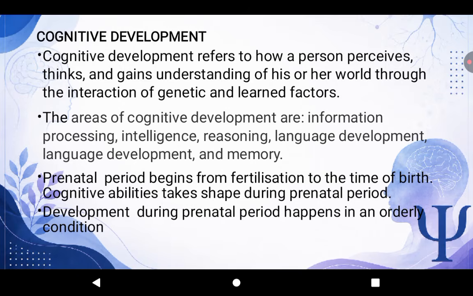And we must appreciate that the prenatal period begins from the time fertilization takes place to the time that particular child is born, and these cognitive abilities are able to take place and shape that particular child during that prenatal period. So there's a certain myth that the intelligence quotient of a particular child is gotten from the parents.